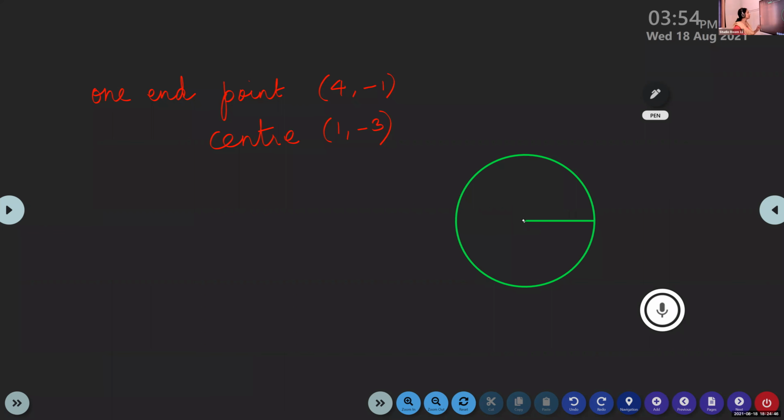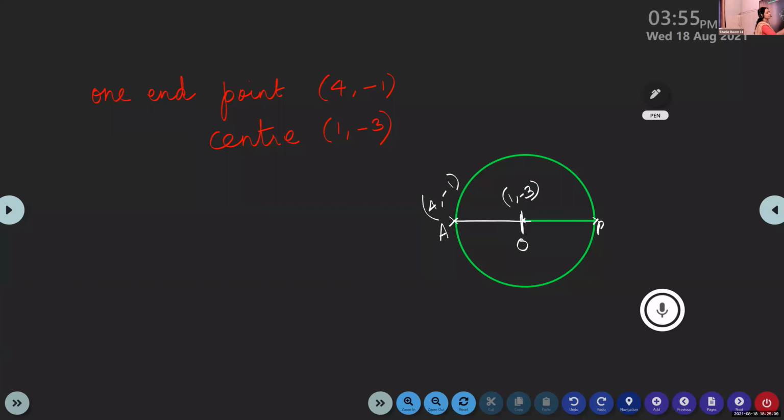Now here the center is given as (1, -3) and one end point is (4, -1). Suppose we denote the center as O, one end is A, and the other end is B.